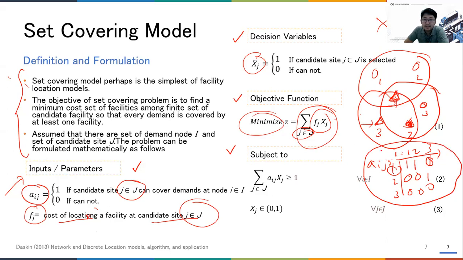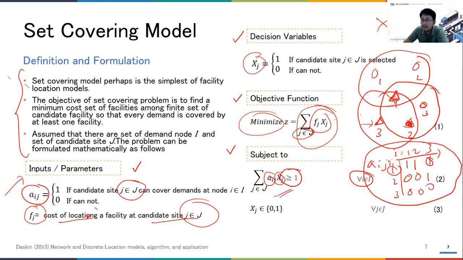If the total of Aij xj is greater than or equal to 1, it means all nodes should be covered by at least one facility. So when you multiply Aij by xj, it means you want to make sure those nodes are covered.